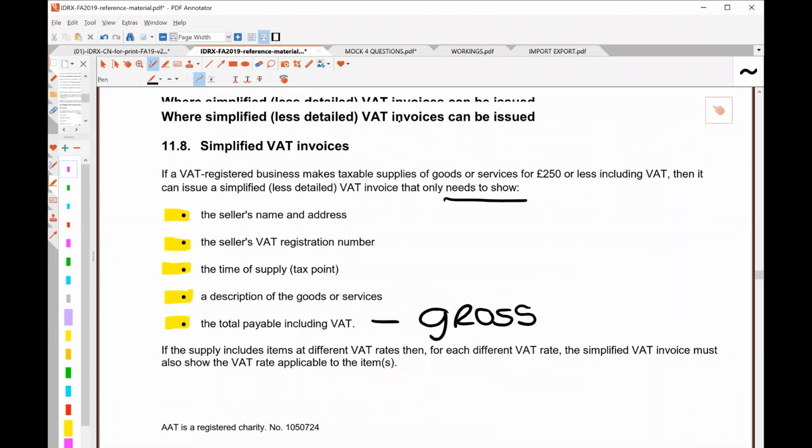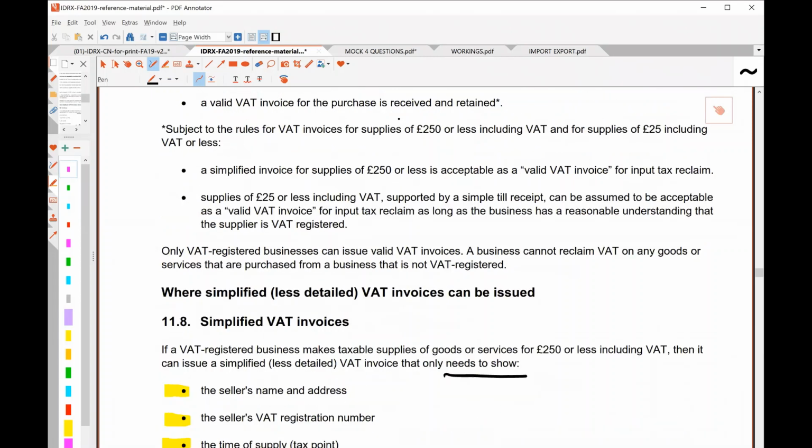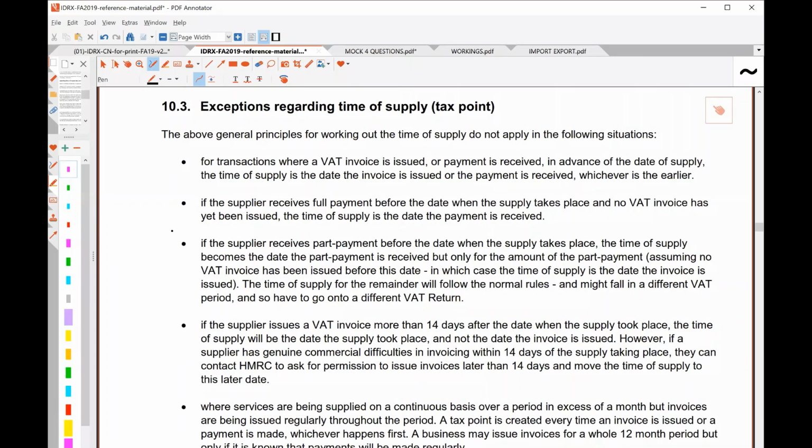Now, I had a good look through 10.3. Okay, 10.3 talks about tax point, time of supply, etc. And to be totally and utterly honest, it explains everything in these bullet points.